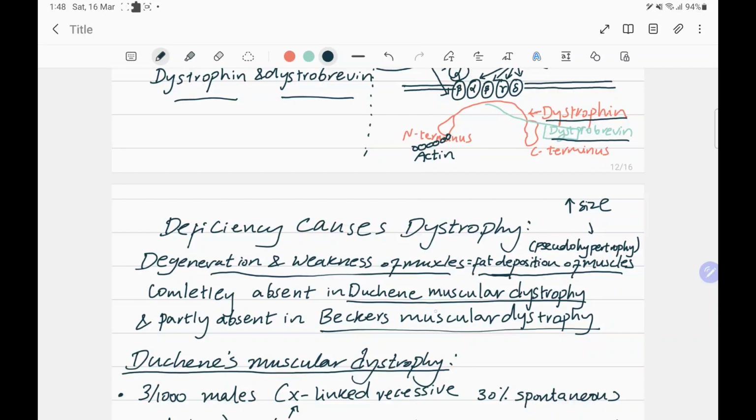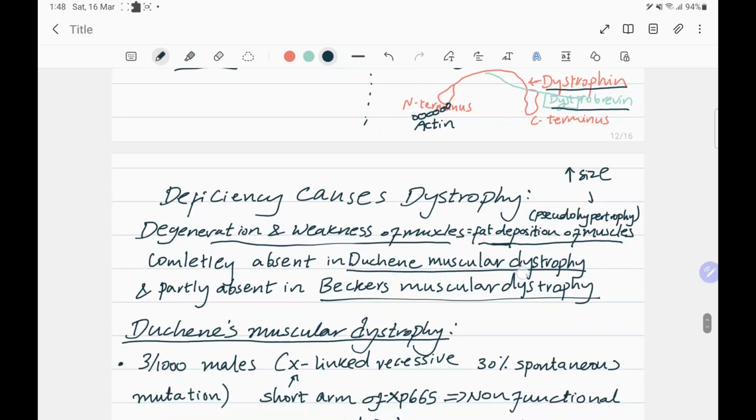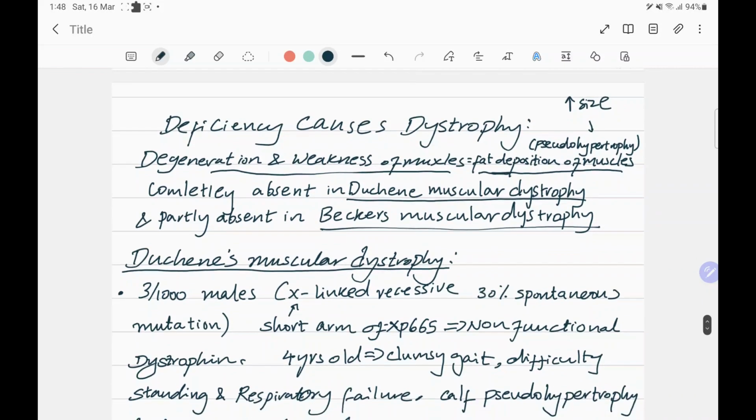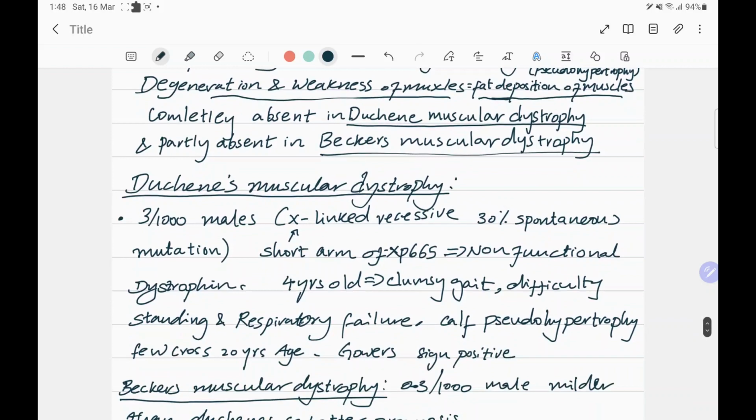In Duchenne's muscular dystrophy, you have a complete absence of this dystrophin complex, and if it's partially absent, you get Becker's muscular dystrophy. So what is Duchenne's muscular dystrophy? It happens in 3 in 1,000 male births, and it's X-linked recessive, so it's a sex-linked genetic disease, and 30% of cases happen by spontaneous mutation.